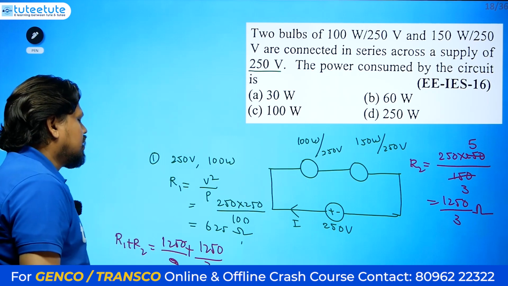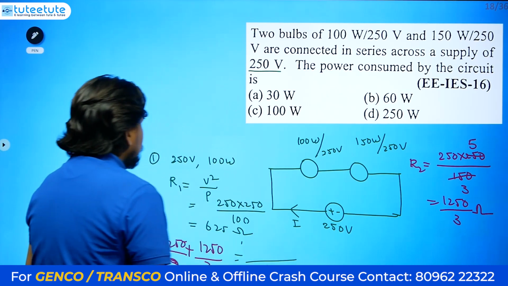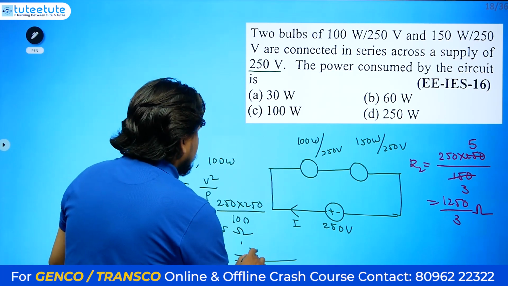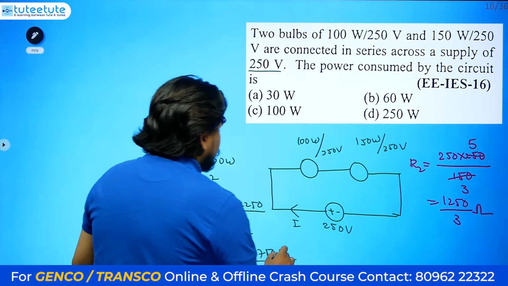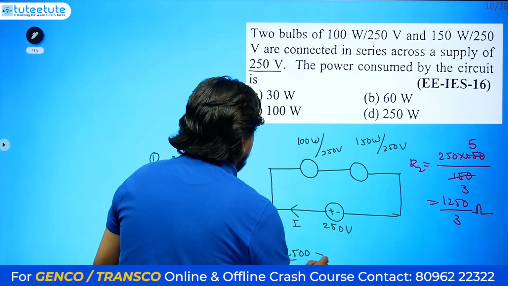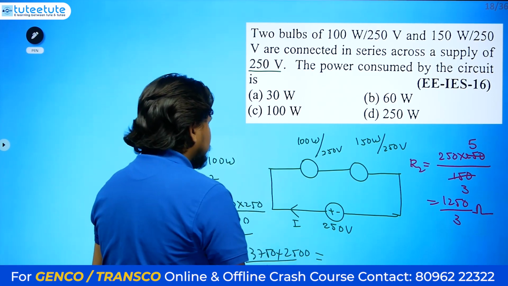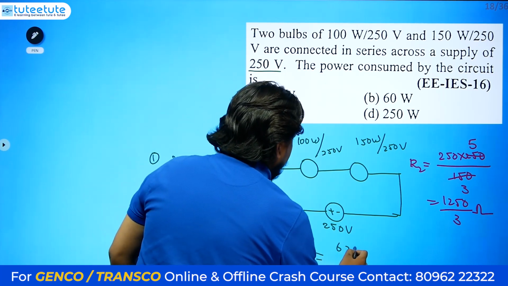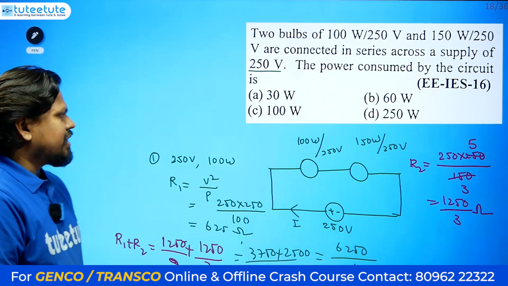Taking the LCM, 6, and multiplying accordingly, we get 3750 plus 1250 into 2, which is 2500. So 3750 plus 2500 is 6250. 6250 divided by 6 is the complete resistance.